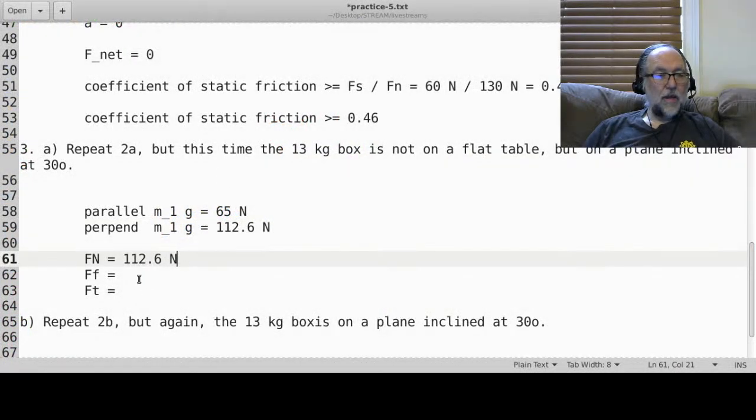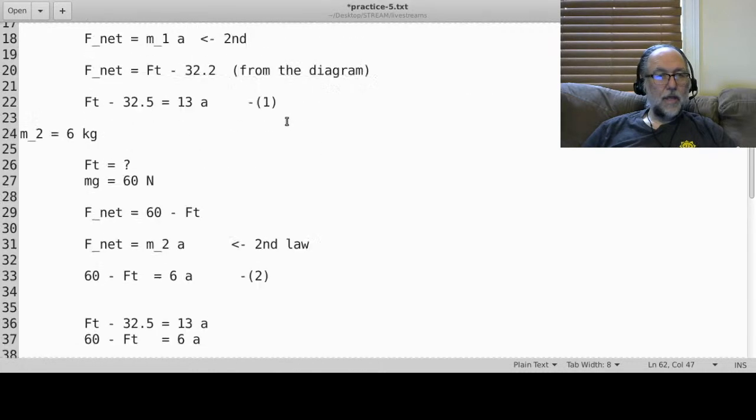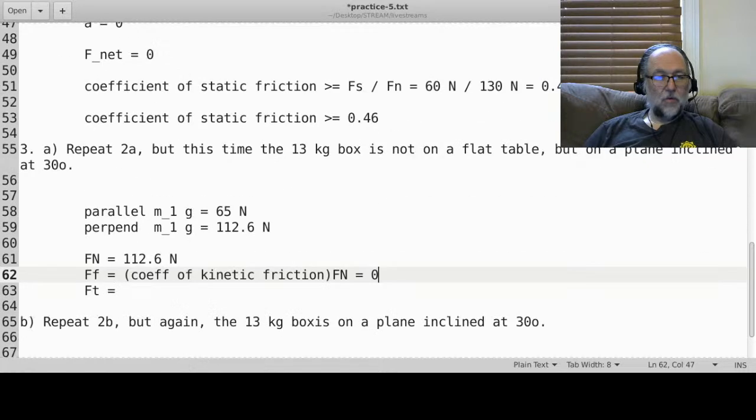Over here, FF equals the coefficient of kinetic friction multiplied by Fn, and that's 0.25, 25%. So 0.25 multiplied by 112.6, let me do that on the calculator, and it's equal to that many newtons.